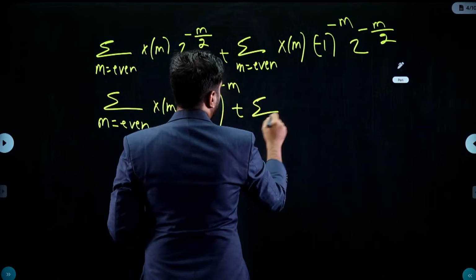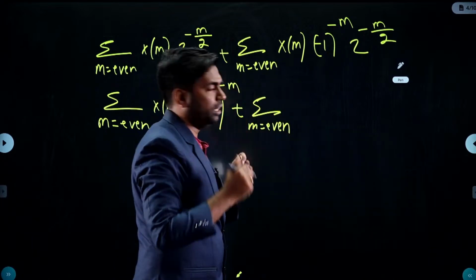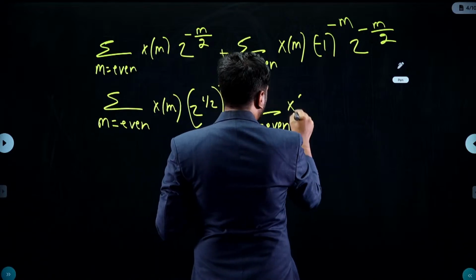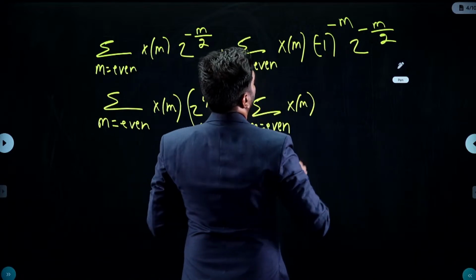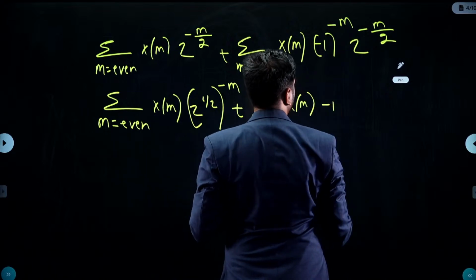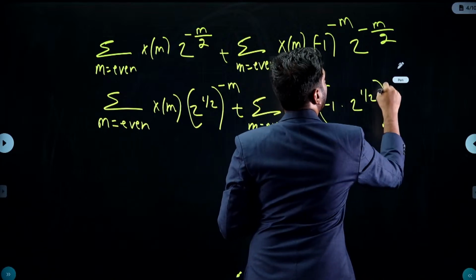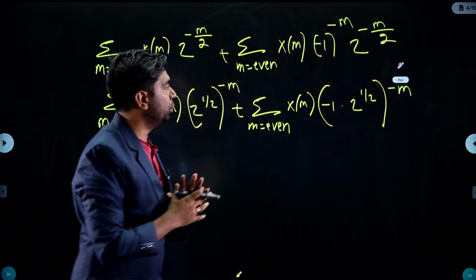And then summation m even. This is also a very critical step where you can miss something, so I'll be very careful here. This is x of m, and I can rewrite this as minus 1 and then z power 1 by 2 and then whole power minus m. This is a fantastic move.